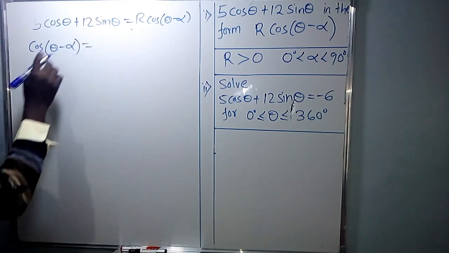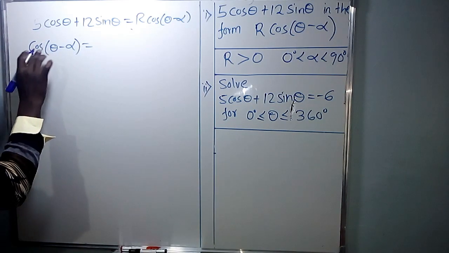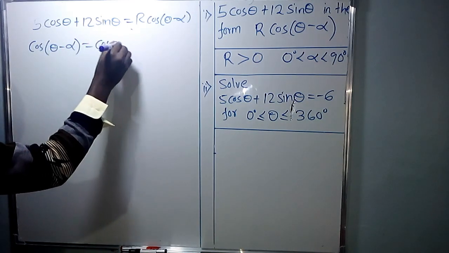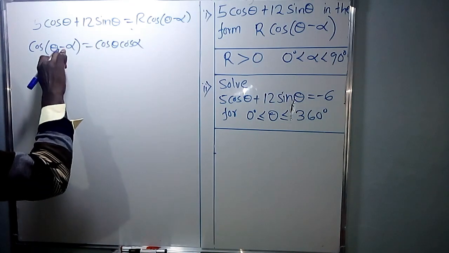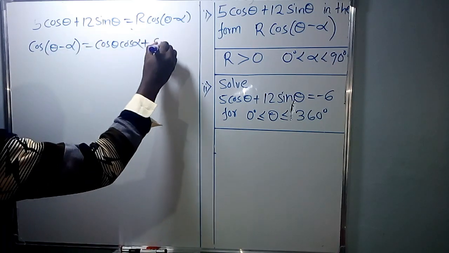From the cosine difference angle formula, cos(theta minus alpha) is simply cos theta cos alpha. Then when there is subtraction on one side, the other side is addition, isn't it? Then sin theta sin alpha.